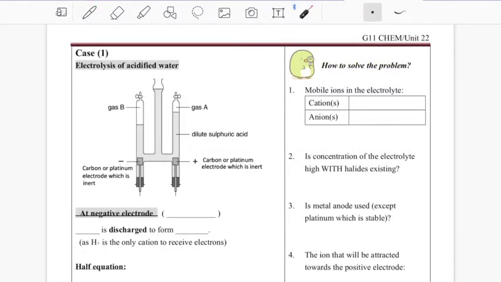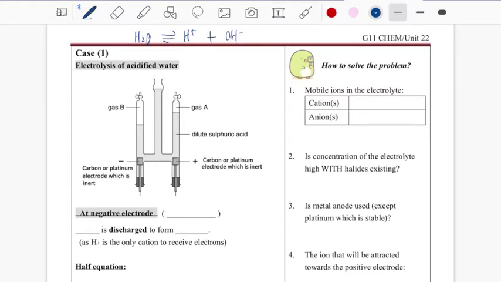Okay, so the first case, we're going to look at the electrolysis of acidified water. In this case, the electrolyte is dilute sulfuric acid and water. Remember last year we said water is able to dissociate to form H plus and OH minus.